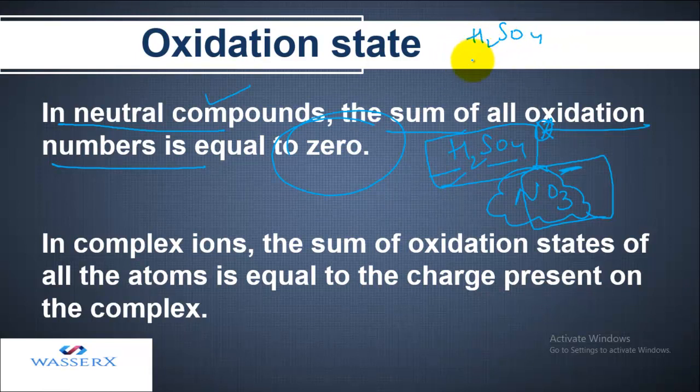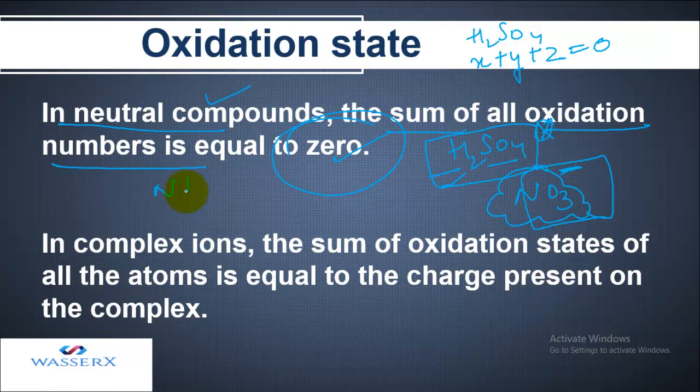Let's say I know the oxidation state of H. Let's write it as X. And for sulfur, let's write Y. And for oxygen, let's write Z. So when we equate these, they will be equated with 0 because there is no net charge on the molecule. Right. So for any neutral compound, the sum of all oxidation numbers is equal to 0.